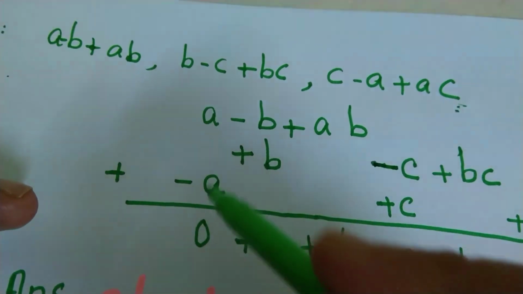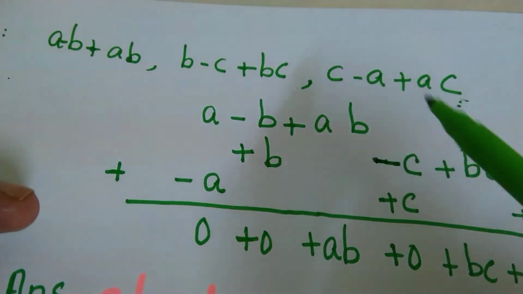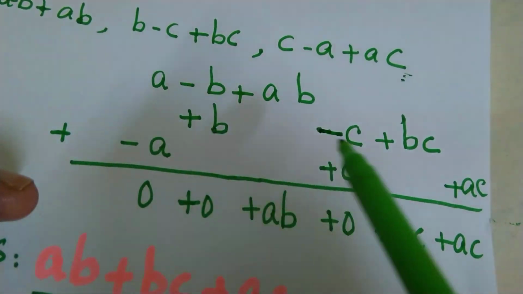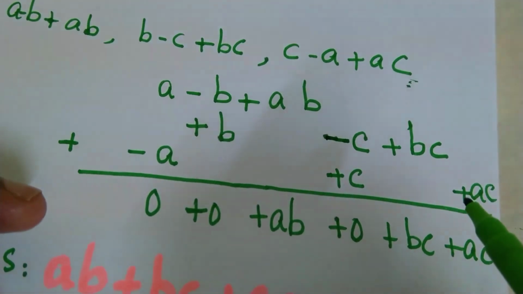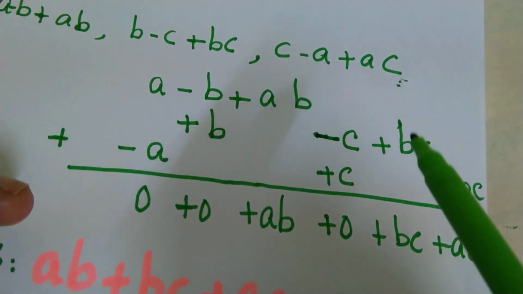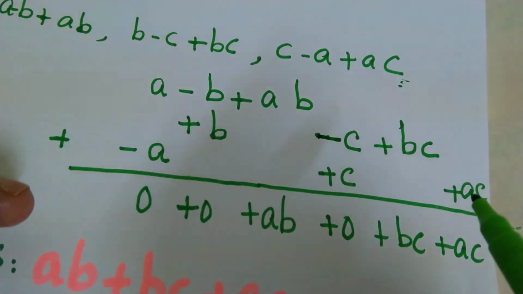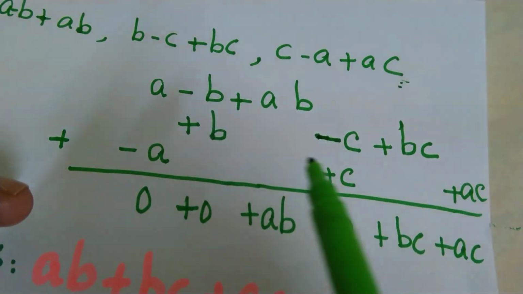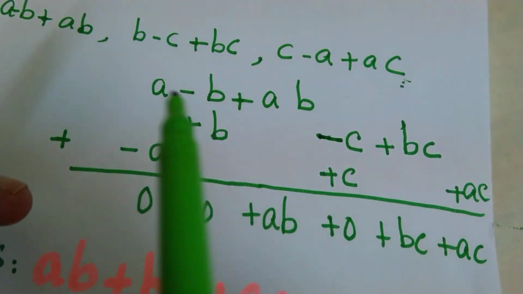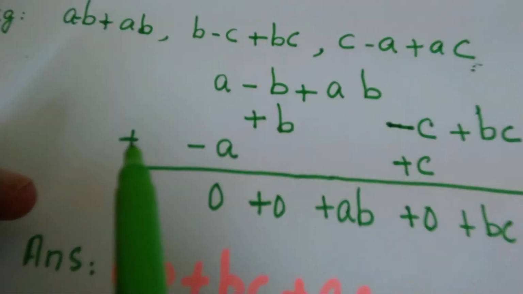So these two a's have come in the same column. Now there is ac. This ac is not in the first expression and also not in the second expression. So we are putting this term after the column of bc. So this is our third expression, and this is our second expression, and this is our first expression. And since we are adding, we are putting the sign plus.